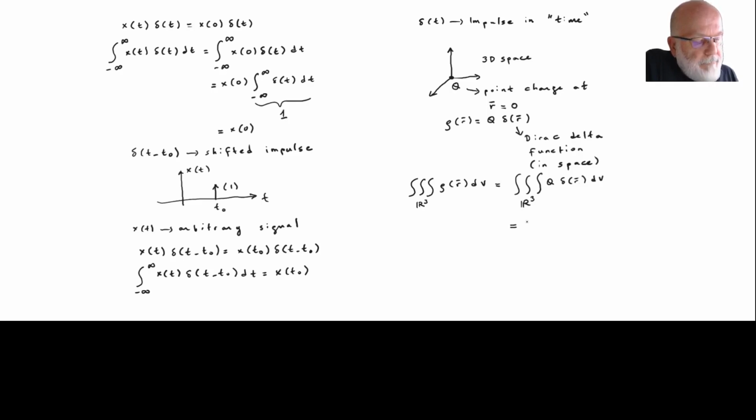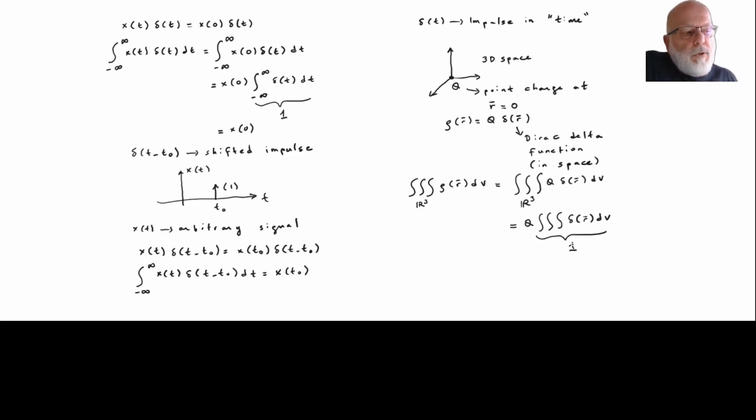So it will be equal to Q because the integral of delta of R will be equal to 1. Because delta of R is defined as 0 everywhere except the origin where it is infinite in magnitude. But still the integral is finite and we have the integral equal to 1.